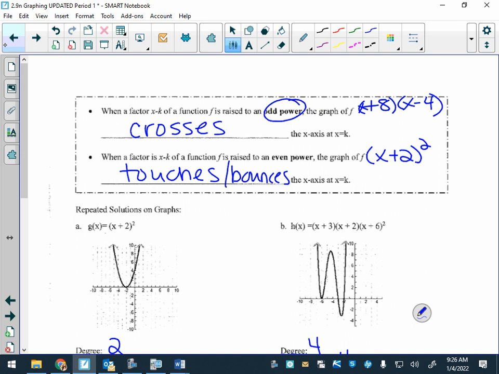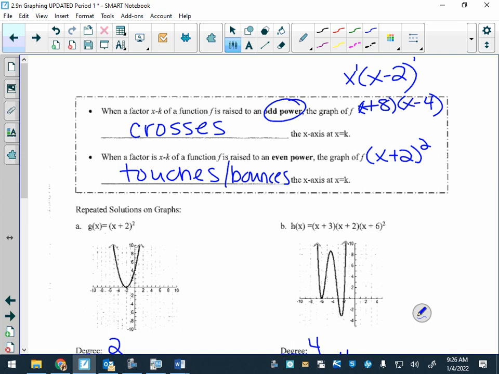Go back to our notes. When a factor x minus k of a function is raised to an odd power, so example, x plus 8, x minus 4, or x minus 2. Those are types of examples where they're raised to the first exponent. Okay? That's when they cross the x-axis.